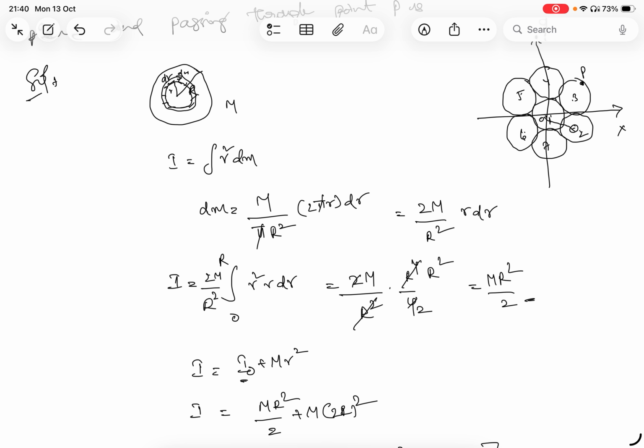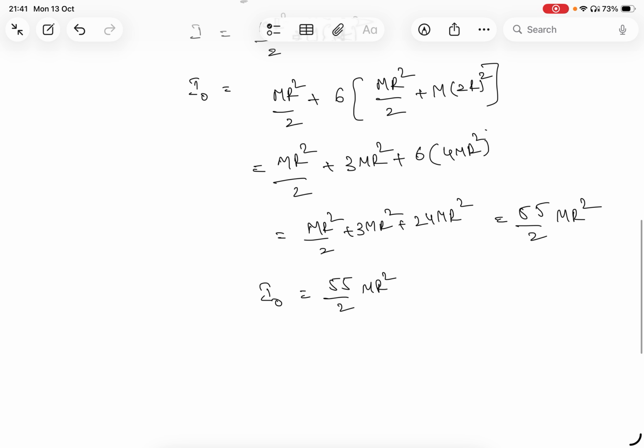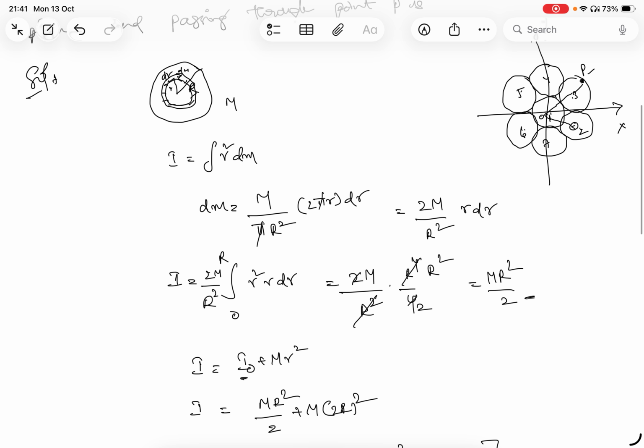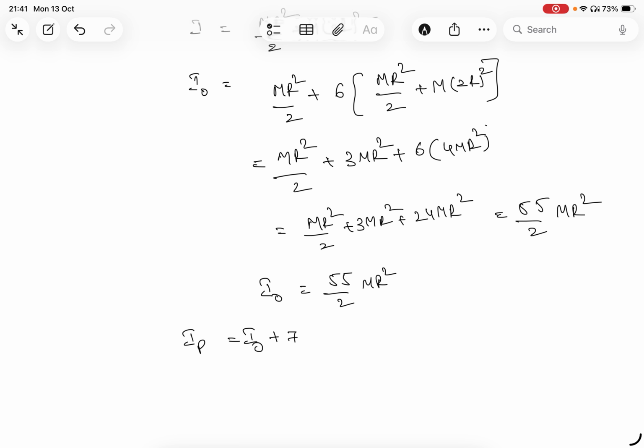Now we need to figure out the moment of inertia about this point P, which is at a distance of r plus r plus r, which is 3r. The moment of inertia about this point is equal to I naught plus, what is the mass? Now it's the complete structure, right? How many circles are there? There are 7 circles, right? I naught plus 7 times the mass into 3r square.